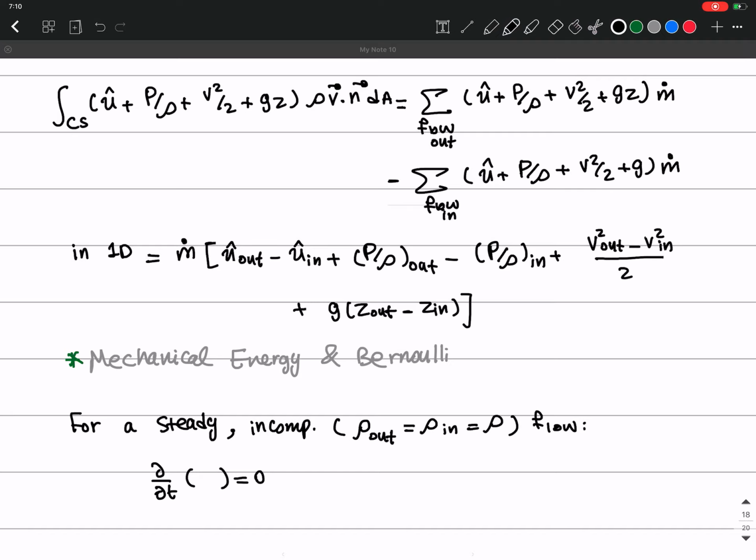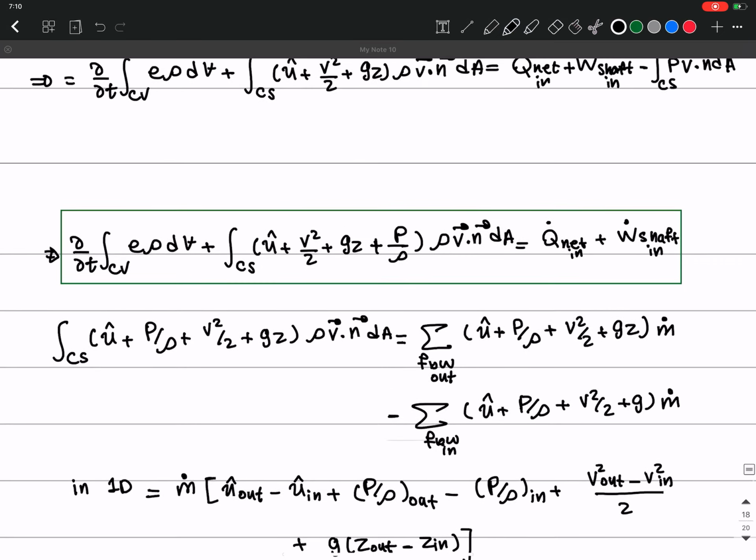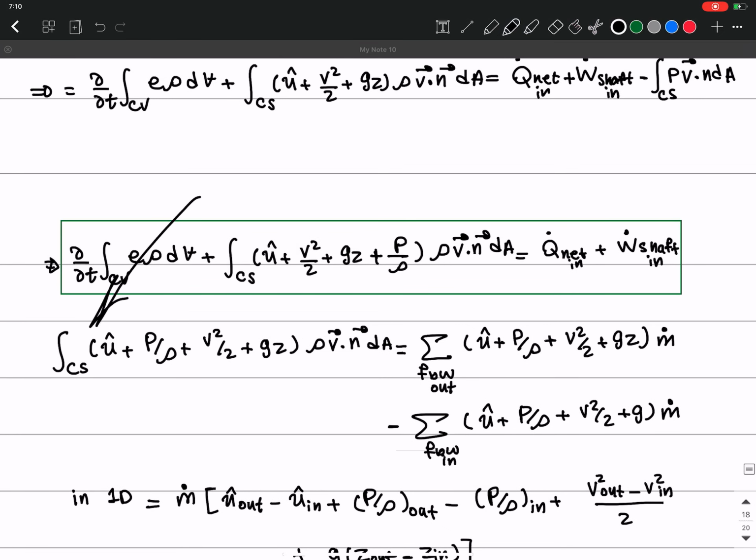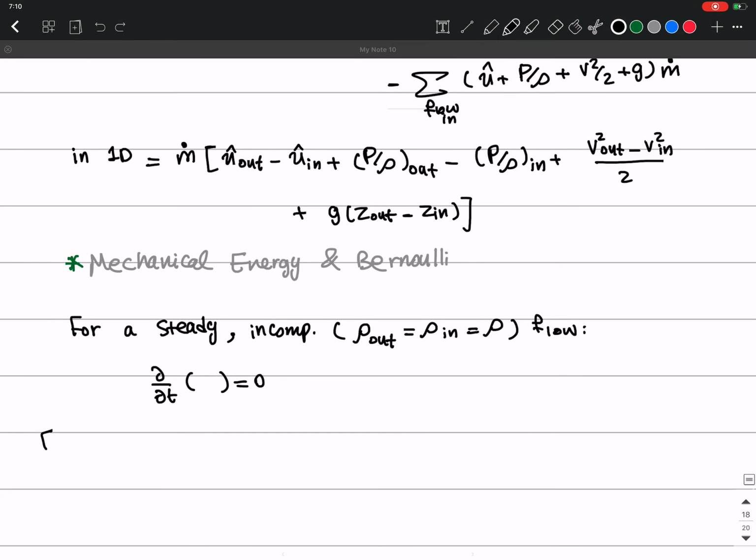So if you have this condition, then this term is going to be 0, right? So I can just write down the energy equation as follows. The energy equation reduces to what?